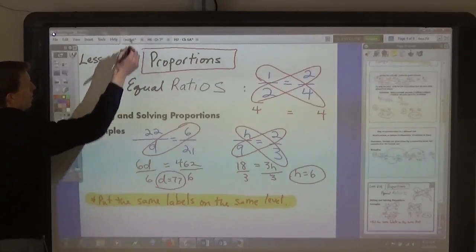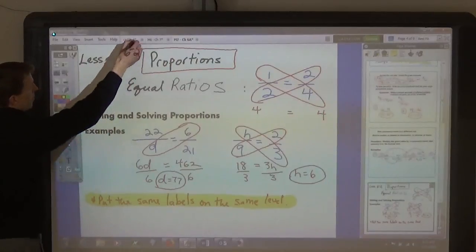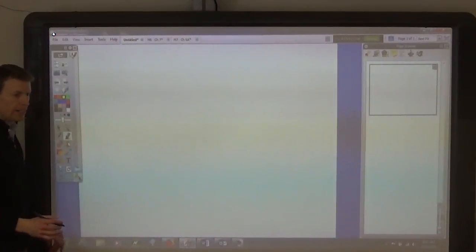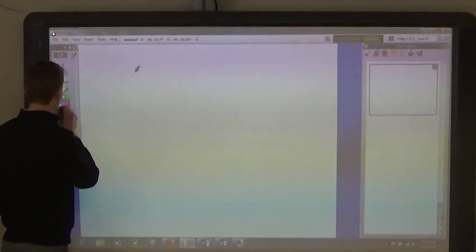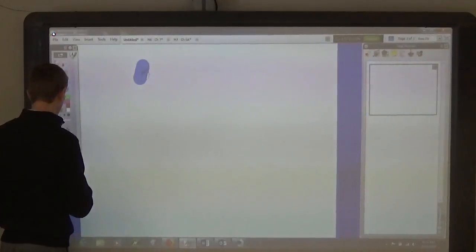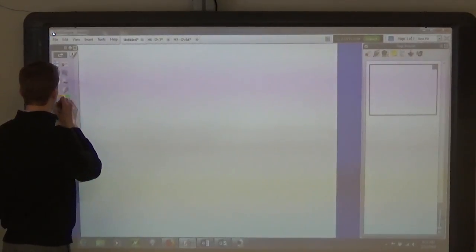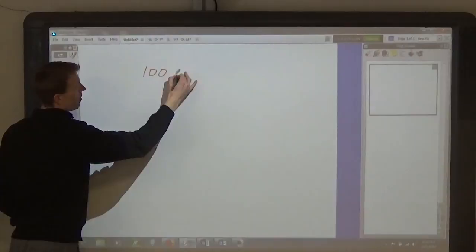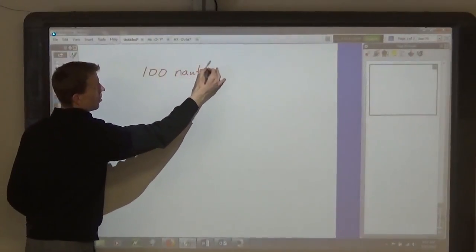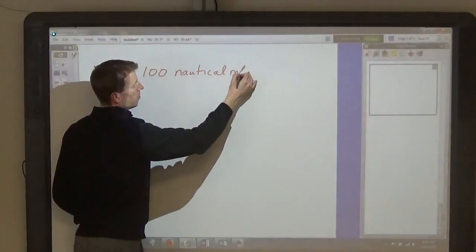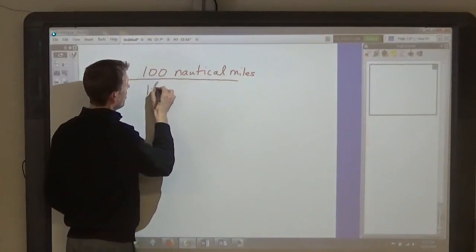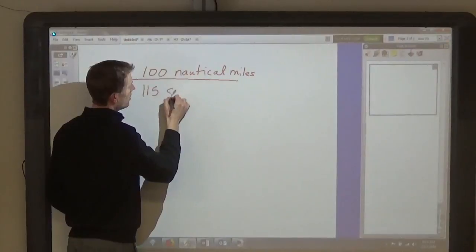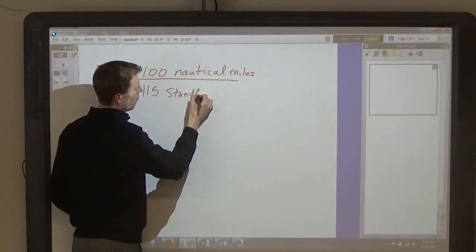Now, let's write this one down. Read it again. 100 nautical miles. So write this down. 100 nautical miles equals about 115 standard miles.